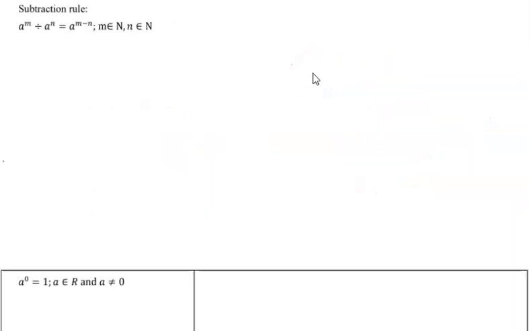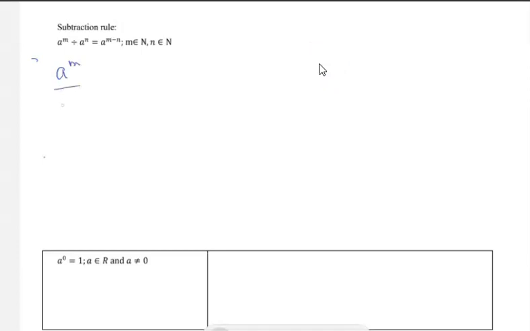So let us look at the subtraction rules. First of all, consider a to the m divided by a to the n. If we look at the numbers m and n, depending on the size, if we have m larger than n, then it means that we can split up the top part as a to the n times a to the m minus n, over a to the n.